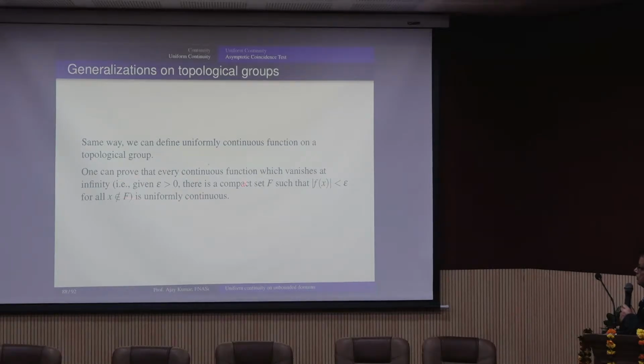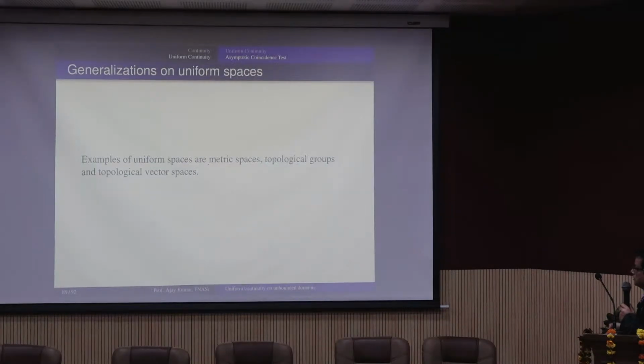That is some kind of generalization of the fact that if the function vanishes at infinity and minus infinity, then the continuous function is going to be uniformly continuous.